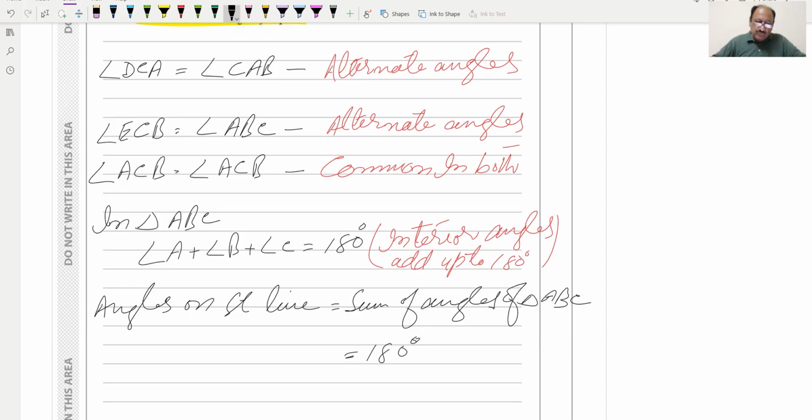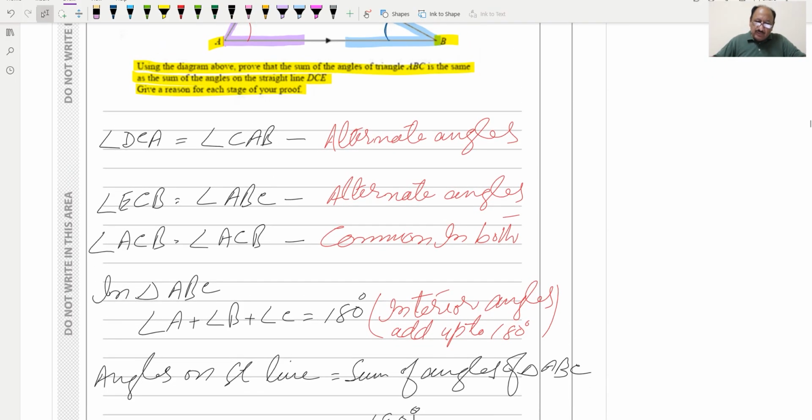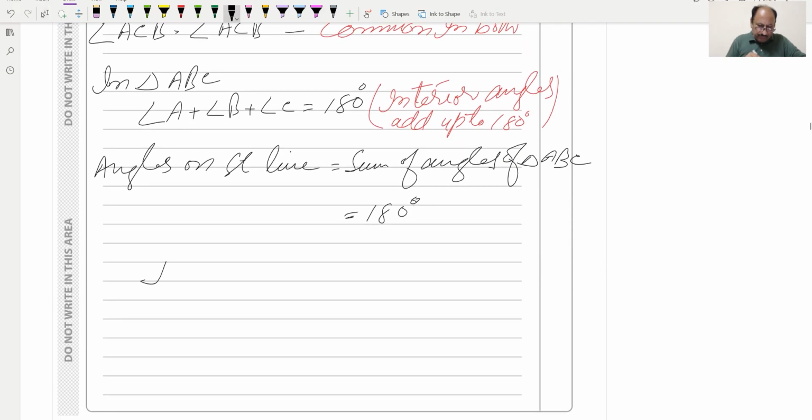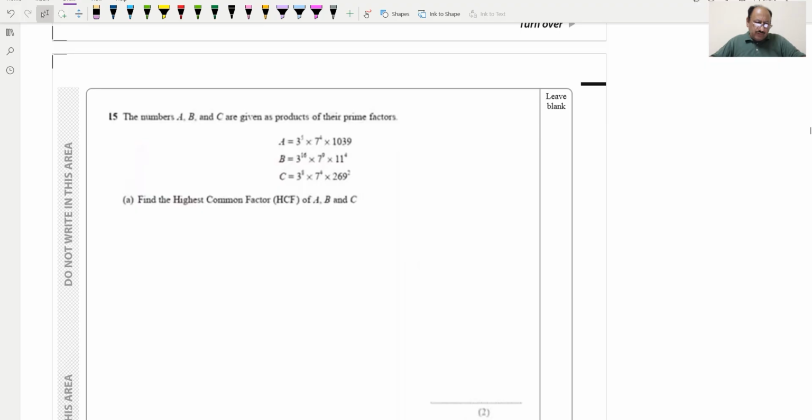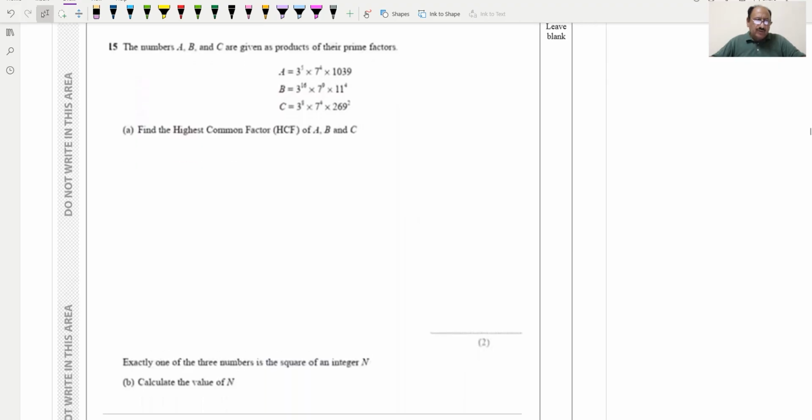So hence we proved that the sum of angles on the straight line is the same. Hence proved. It's done.